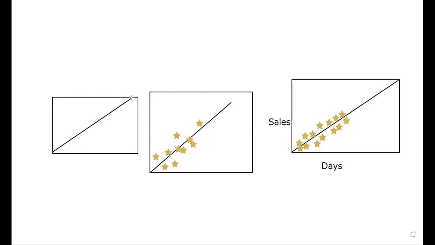When you are staying on this line, this is the perfect case. That means they are staying on the straight line, nothing else. Just this is when your sales are increasing at the same rate, this is called perfect correlation.